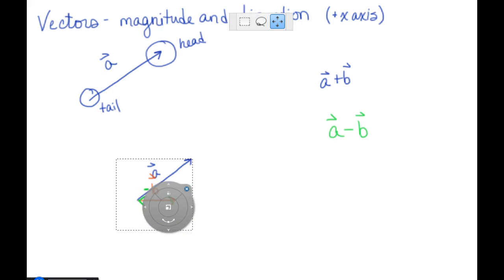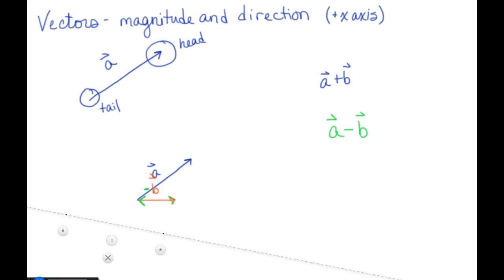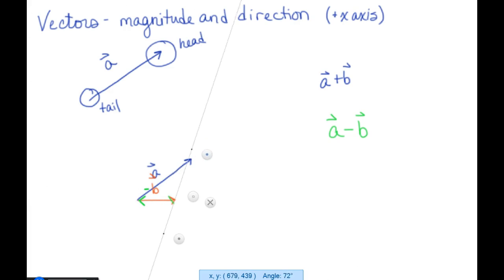So vectors negative B and vector A become head to tail. Once we have them lined up head to tail, we're just going to connect the dots from the tail of vector negative B to the head of vector A. So this is going to be vector A minus B.